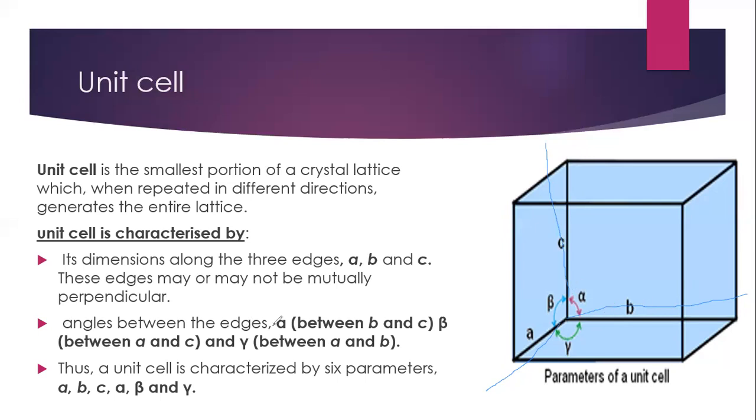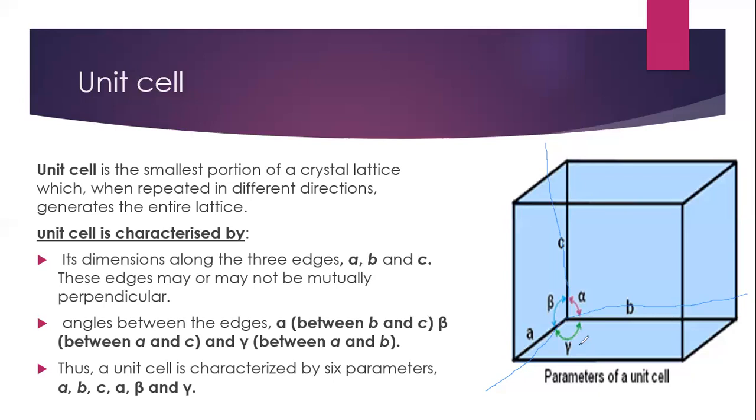Angle between the edges A, B and C is given by alpha, beta and gamma. If I say the angle between B and C, it is represented by alpha. The angle between A and C is given by beta, and the angle between A and B is given by gamma.